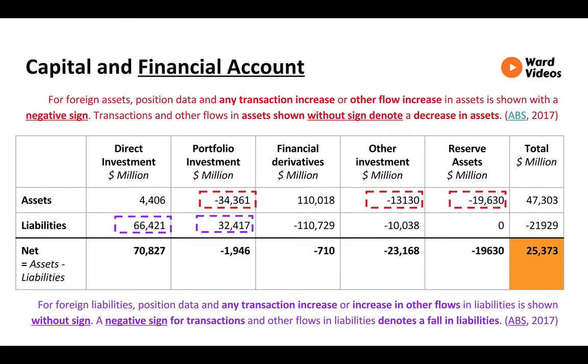Transaction and other flows in assets are shown without a sign to denote a decrease in assets. While foreign liabilities, position data in any transaction increase or increase in the flows in liability is shown without a sign. A negative sign for a transaction and other flows denotes a fall in liabilities. The financial account in 2016-17 was $25 billion.